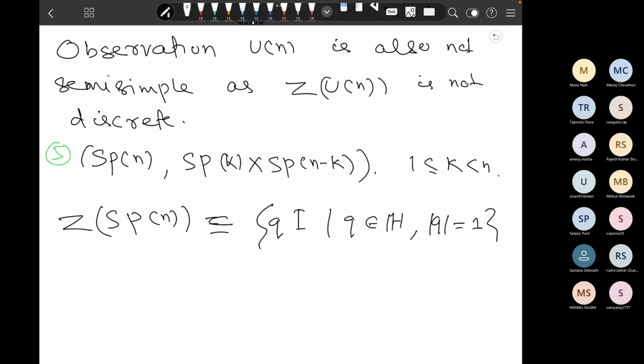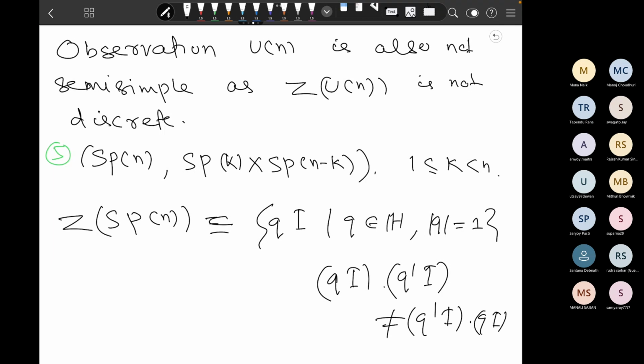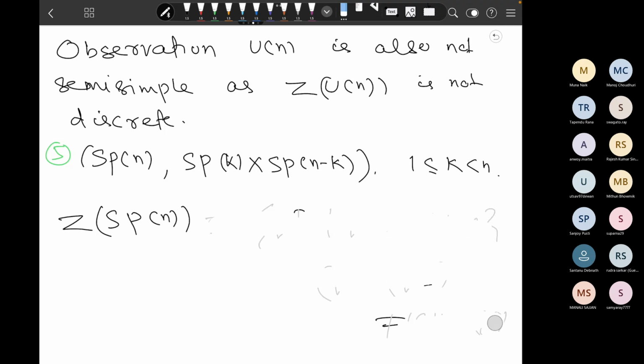But H is quaternions, which are non-commutative, so QI, Q and Q prime I may not commute. For that reason it will be plus minus identity. And this is finite.